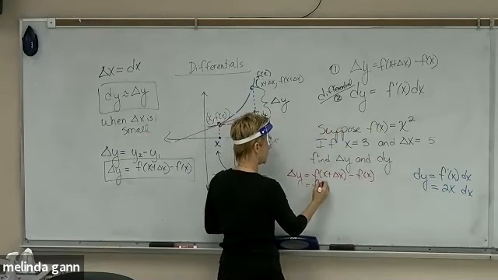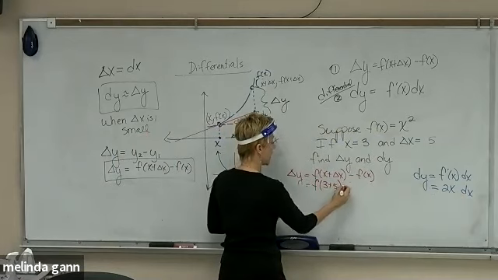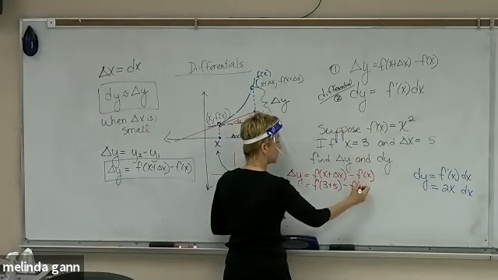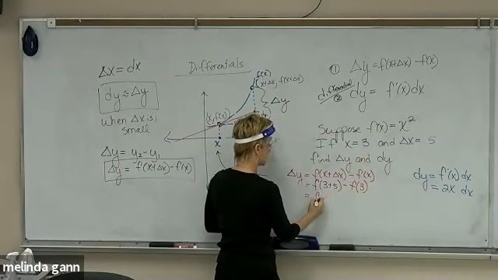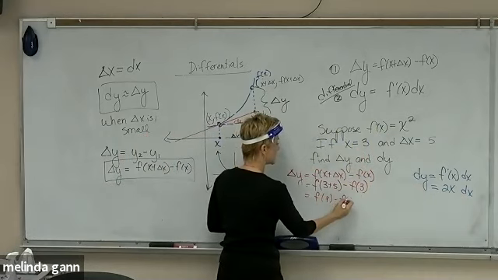All right, this time you've got a 3 plus a 5 minus f of what? 3. So you've got f of 8 minus f of 3.